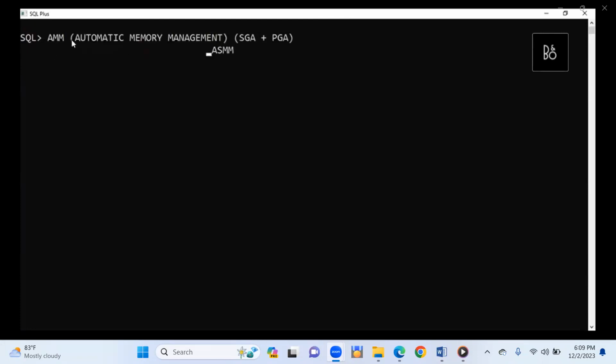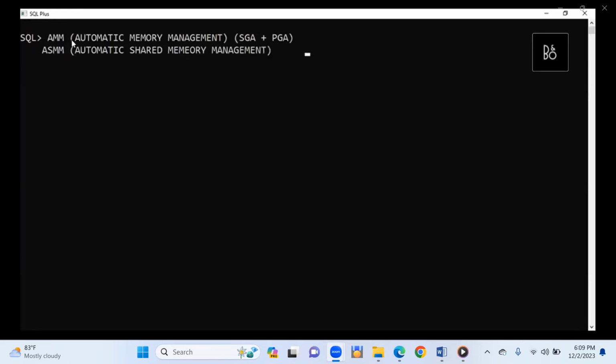Then we also have ASMM, which stands for automatic shared memory management. So don't worry about that, but at least you have a clue.